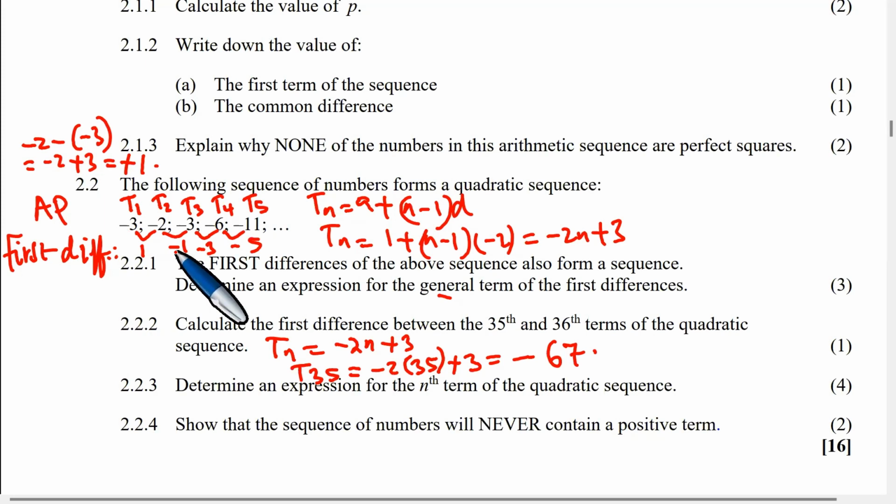It's term number 2. Between T3 and T4, the first difference is minus 3. And if the first difference is minus 3, it is term number what? 1, 2, 3.